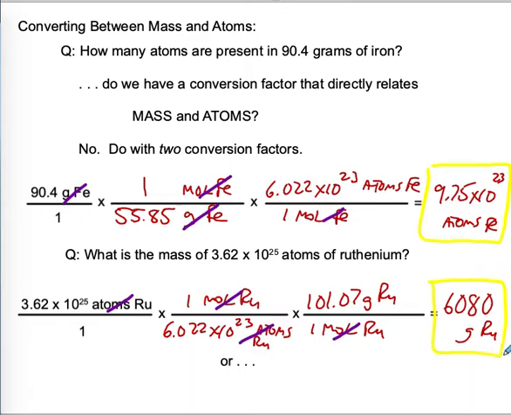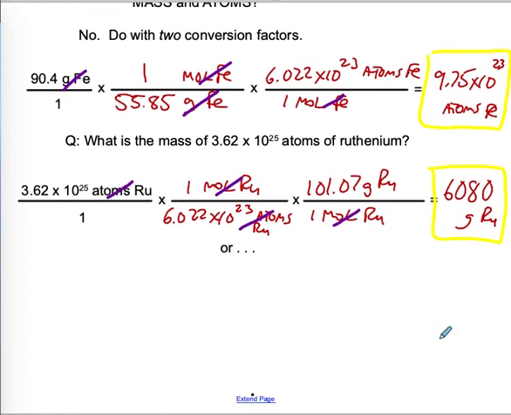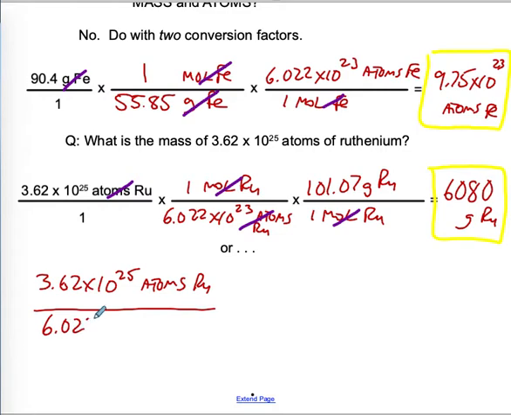Or again, as we saw before, we can simplify this by taking 3.62 times 10 to the 25th atoms of ruthenium, dividing by Avogadro's number, 6.022 times 10 to the 23rd atoms of ruthenium per mole of ruthenium.